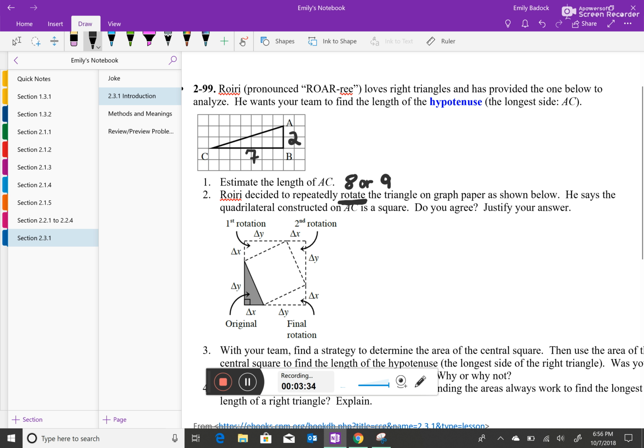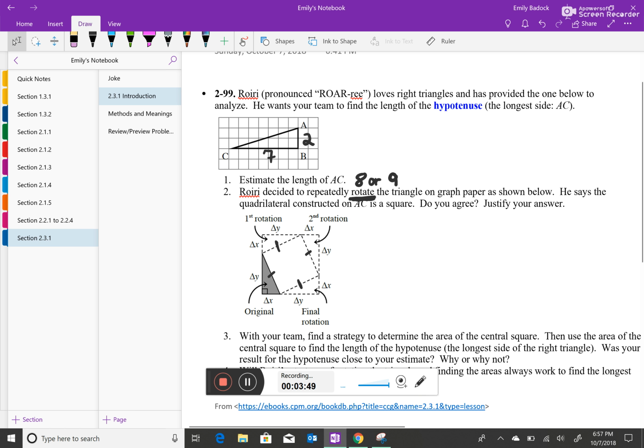If the figure is not changing, that means all of the side lengths in this square are all equal. If all the side lengths are equal, we know that's the definition of a square. Going back to our definitions of rotating, pulling that from chapter 1, you would say that all the side lengths are the same because it's a rotation, some kind of transformation.